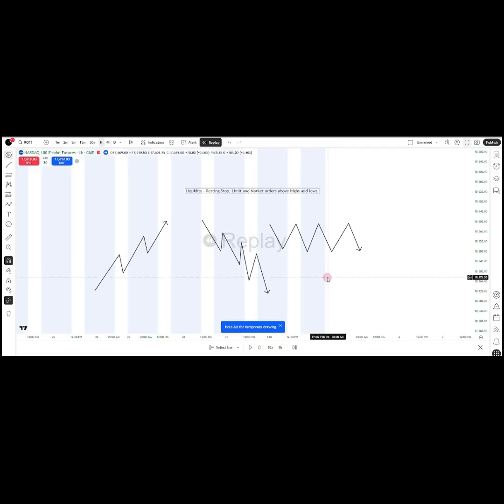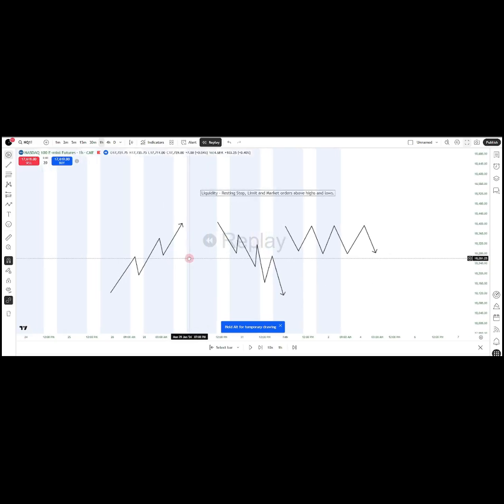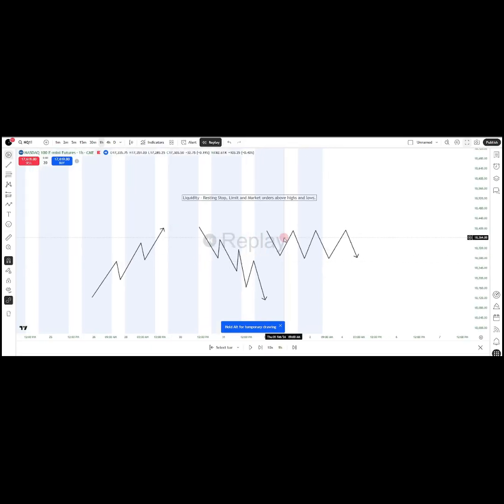So basically above every high and low in the market there is resting orders, because that's where people have their stop losses. They have their actual orders in there, and smart money comes in and takes out those orders as a liquidity sweep and then reverses or continues higher.